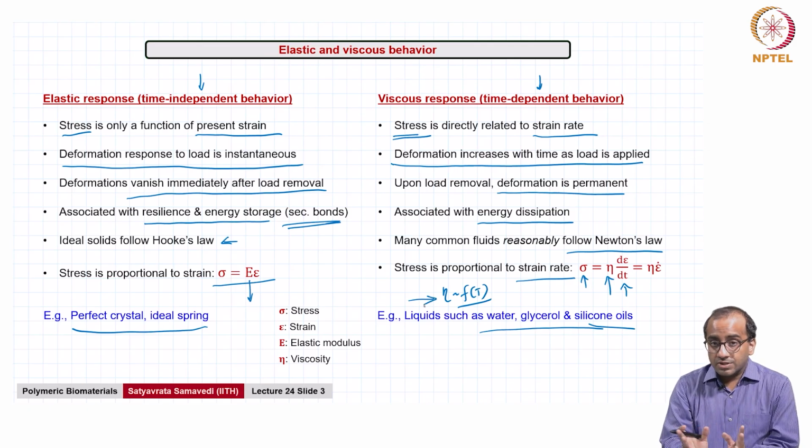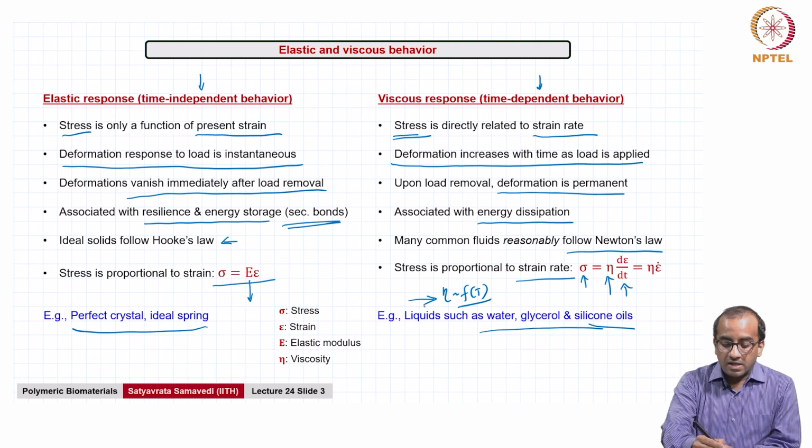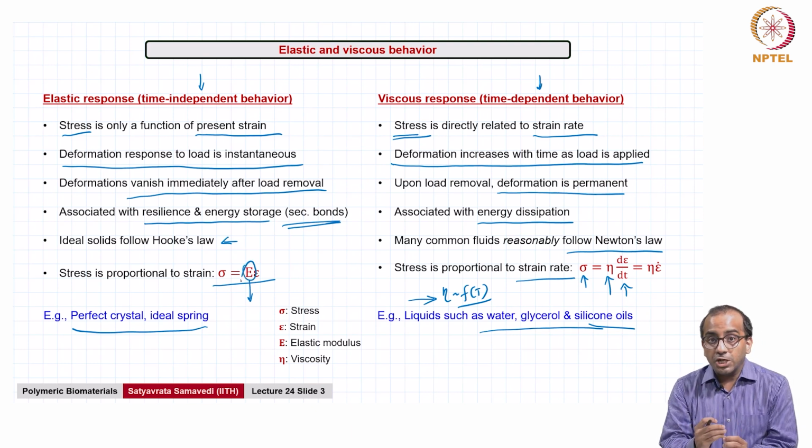And just as we said that the elastic modulus is the ability of the elastic solid material to resist deformation, viscosity can be thought of as the resistance to flow. So in that sense, one can think about them side by side.